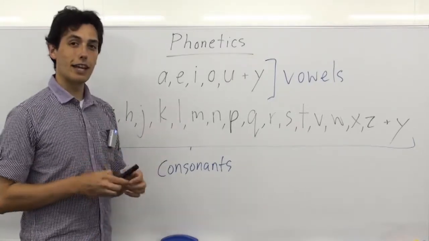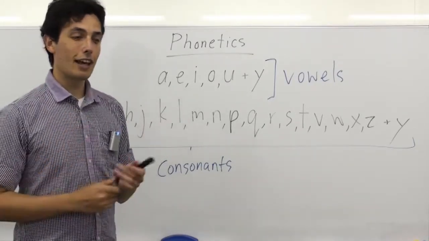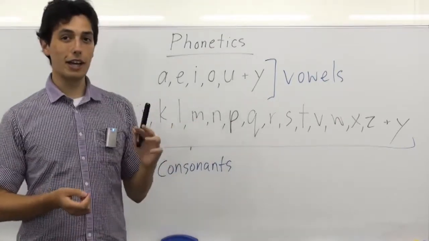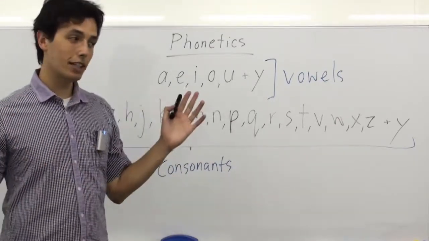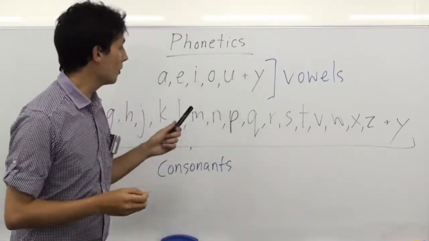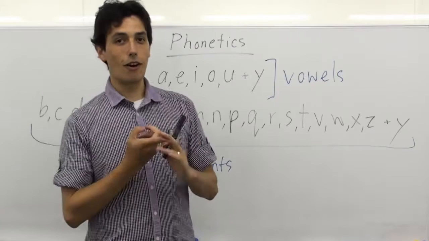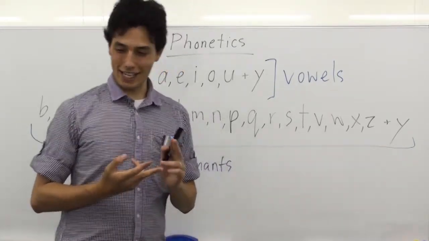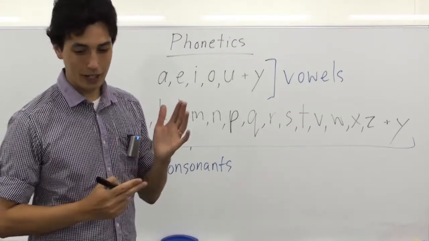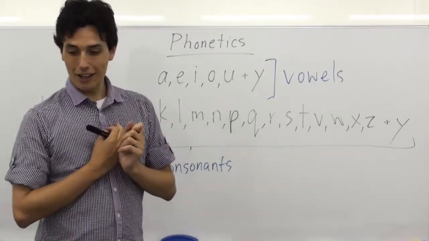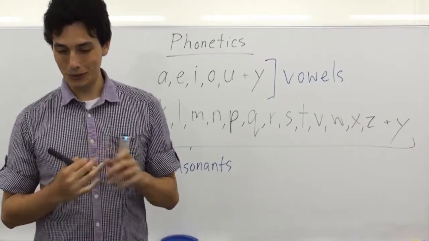For E, we have the E in pen and the E in he. For I, we have the I in big and the I in fire. For O, we have the O in sock, the O in home, the A in cover, and the U in do.